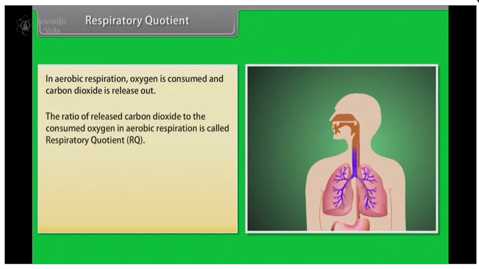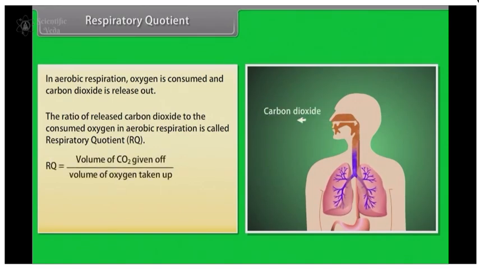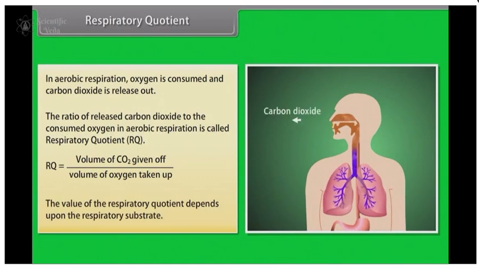The ratio of released carbon dioxide to the consumed oxygen in aerobic respiration is called the respiratory quotient. RQ is equal to the volume of CO2 given off upon the volume of O2 taken up. The value of the respiratory quotient depends upon the respiratory substrate.